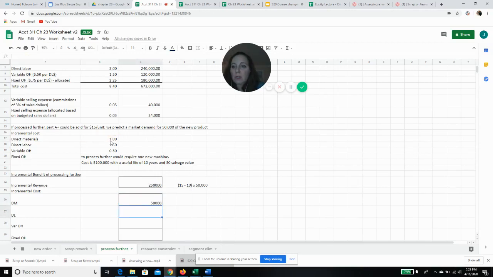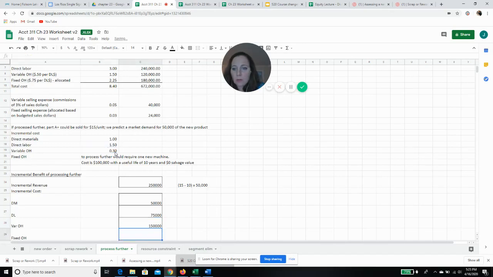Then my incremental direct labor is going to be 50,000 times $1.50 a unit.